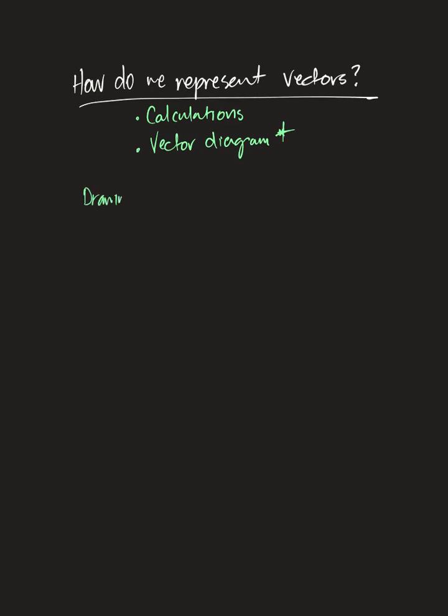Drawing vectors, or rather, we look at the representation of vectors. The first thing is a vector is drawn as a straight arrow.